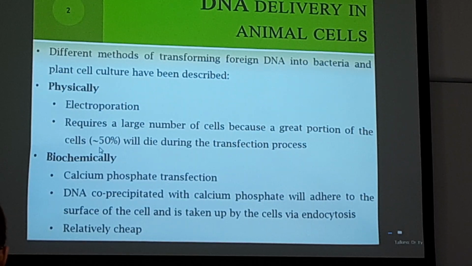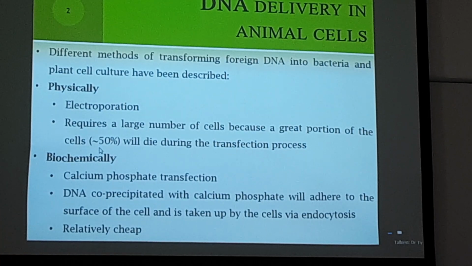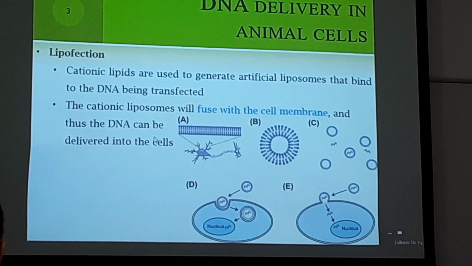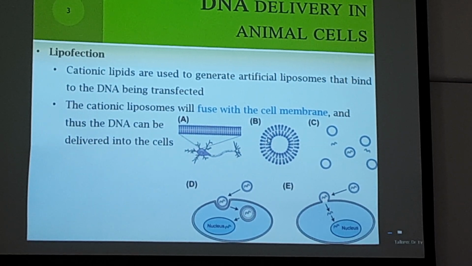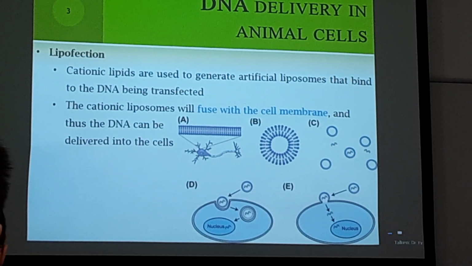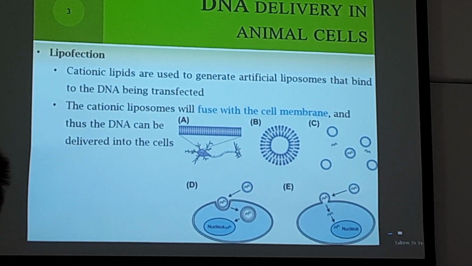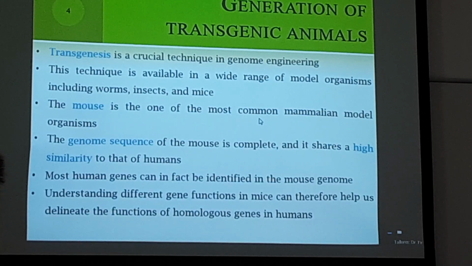We can again do some heat shock, chemical methods. We can also have something more animal cell specific, where we make use of the feature of the cell membrane. So we can do something called liposome fusion. We just bring something close to the animal cell and they will accept it because they have a similar structure of cell membrane. So they will fuse together, releasing the content into the animal cell.